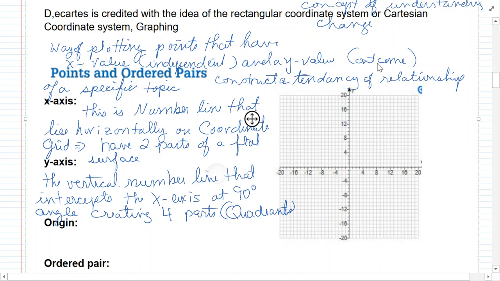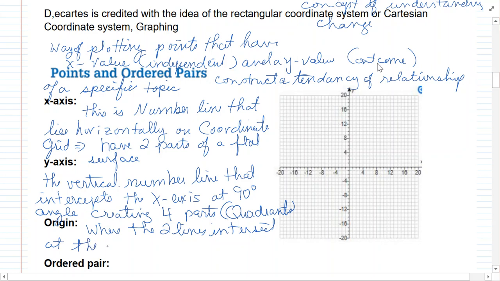All right. The origin is where the two lines intersect at the point 0, 0. So this is the origin. This is the x-axis.